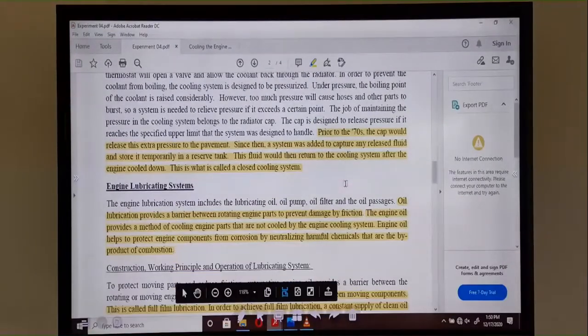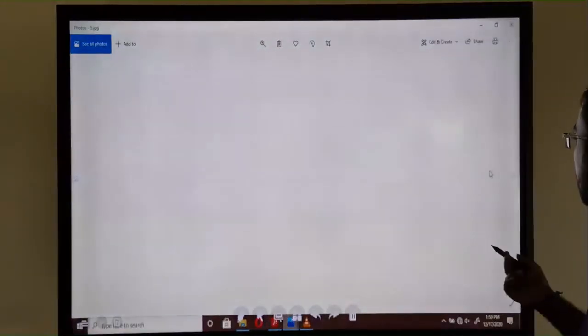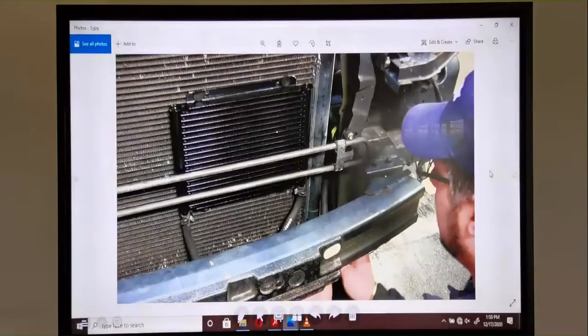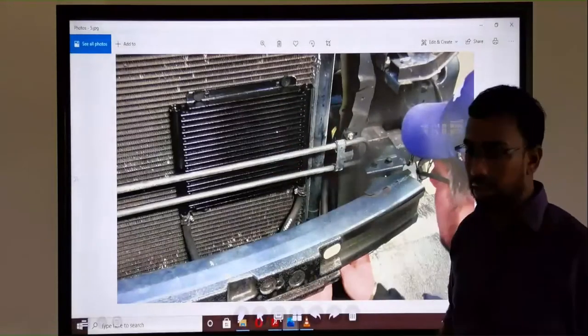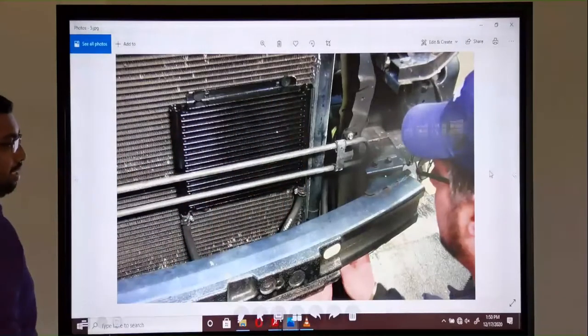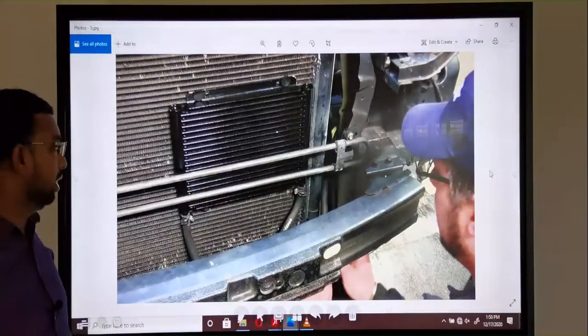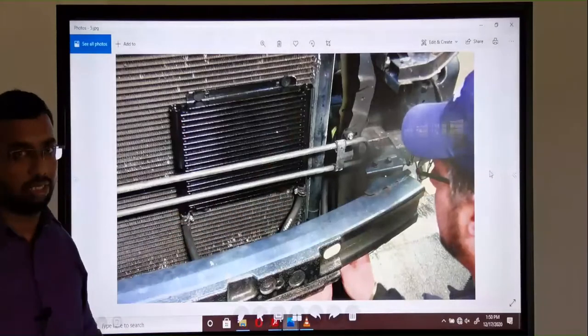Another thing I have to tell, there is another cooling system, like this. This is the radiator. It is a type of radiator. There are two connections, inlet and outlet. What is this?